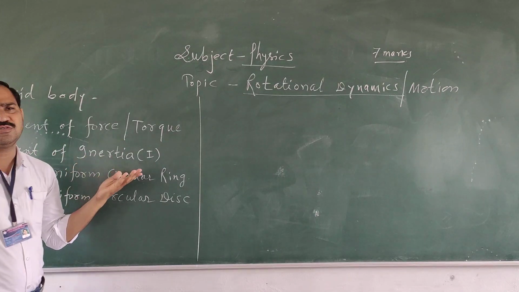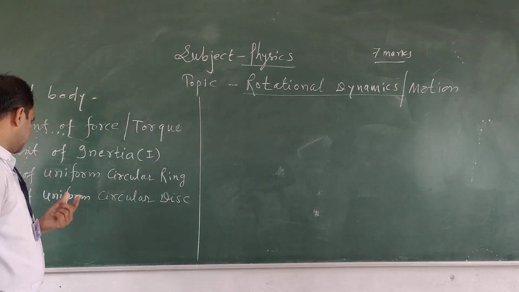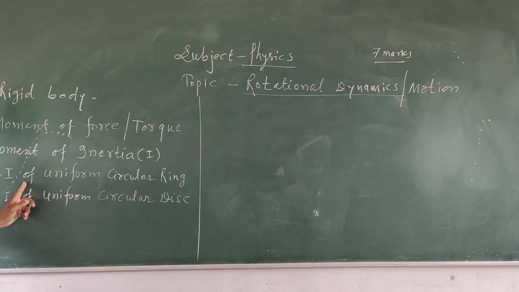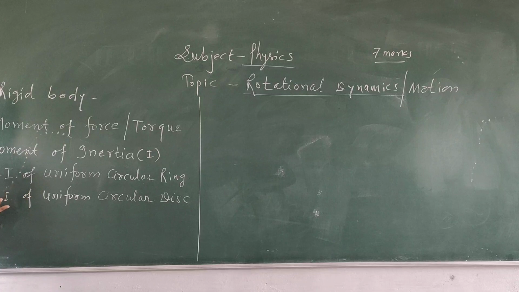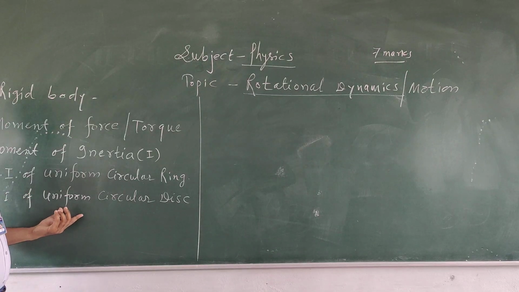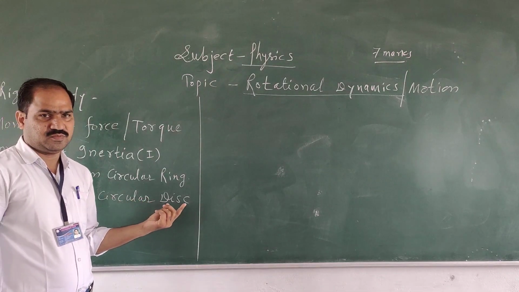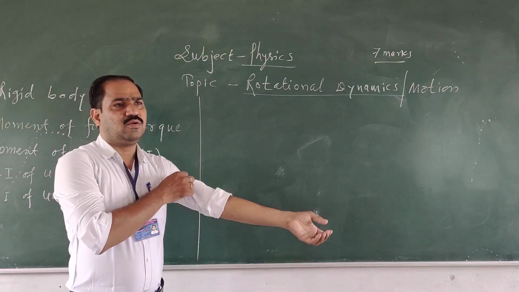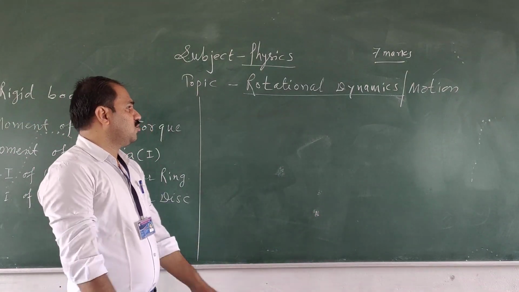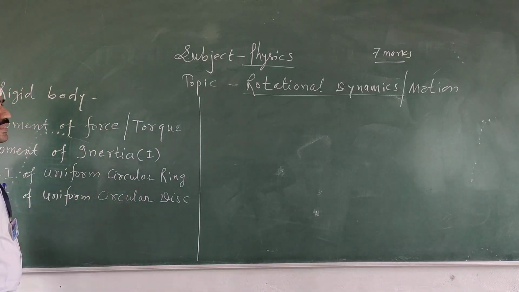This moment of inertia is denoted by the capital letter I. Then the moment of inertia of a uniform circular beam, and next the moment of inertia of a uniform circular disc. So the first topic from this chapter, rotational dynamics, is the rigid body.